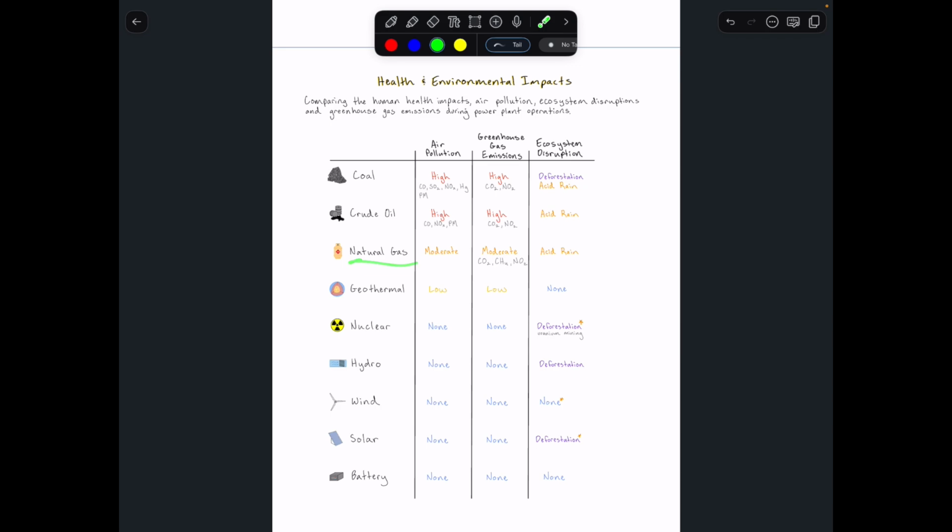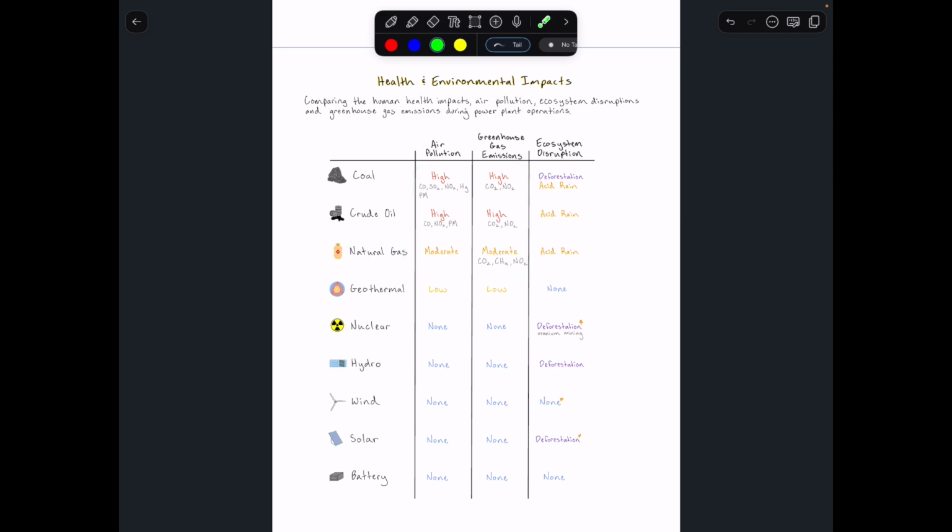Then natural gas is an alternative fossil fuel to coal and crude oil that emits a moderate amount of air pollutants and a moderate amount of greenhouse gas emissions, and it also does lead to acid rain in certain regions. Then for geothermal, certain geothermal power plants will emit low levels of air pollutants and greenhouse gas emissions, but it is significantly lower than for the fossil fuels listed above.